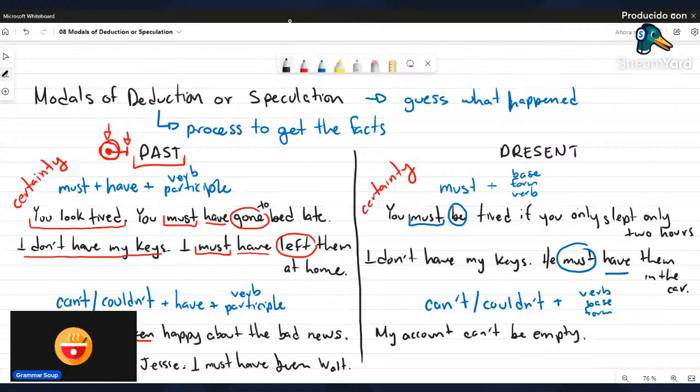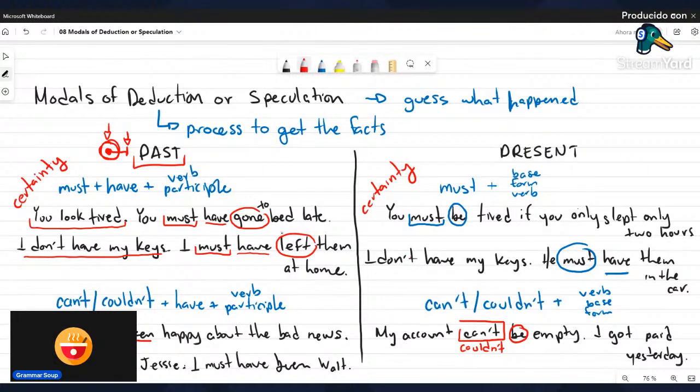I got paid yesterday, so there must be money in the ATM, right? Okay, the corner is a little bit difficult to write, but there you go. So as you can see here, my account can't be empty. I'm using can't or couldn't. It's the same thing, so there's no big change. So if you guys write couldn't, there's no problem. My account couldn't be empty. So as you can see here, I'm using the base form.